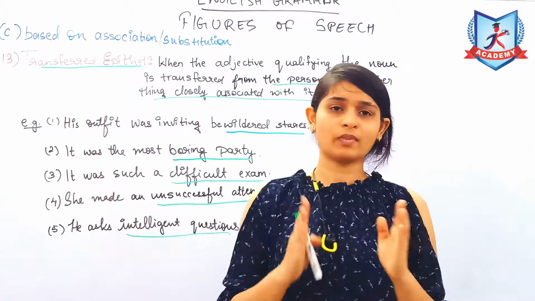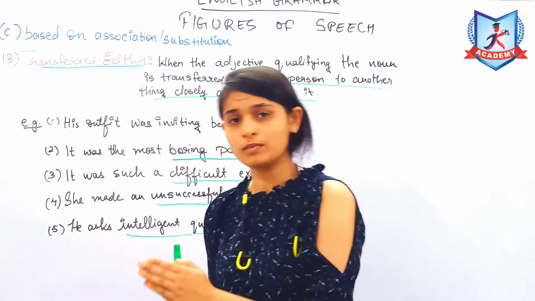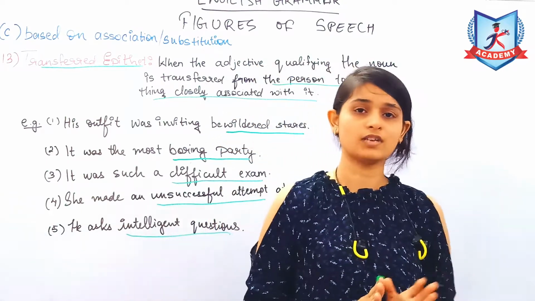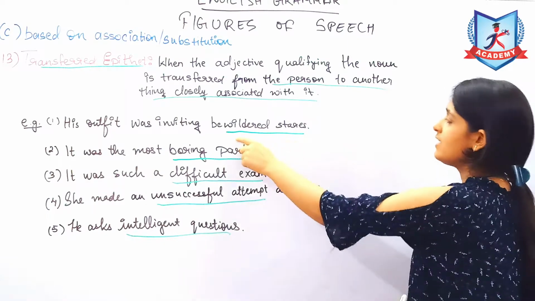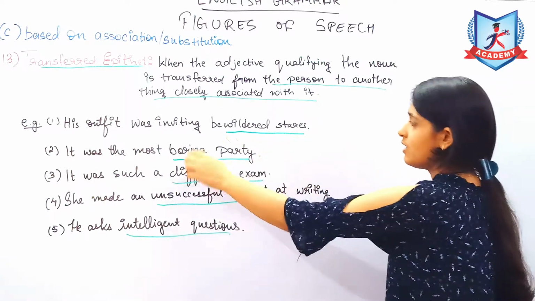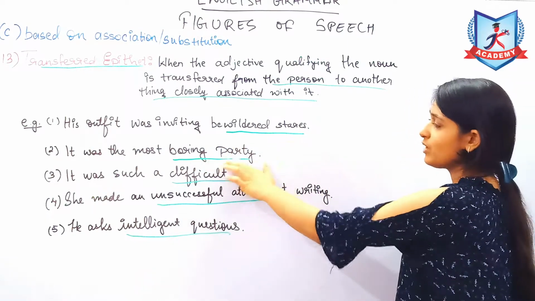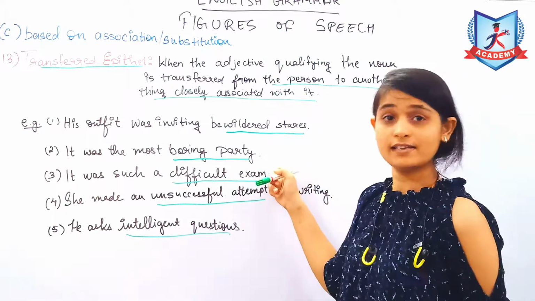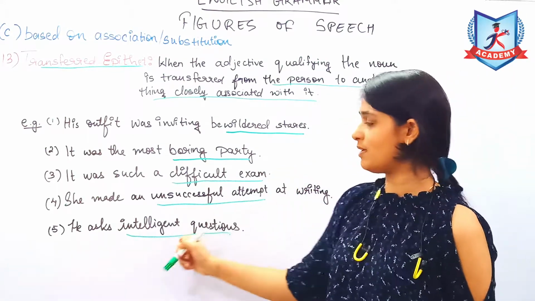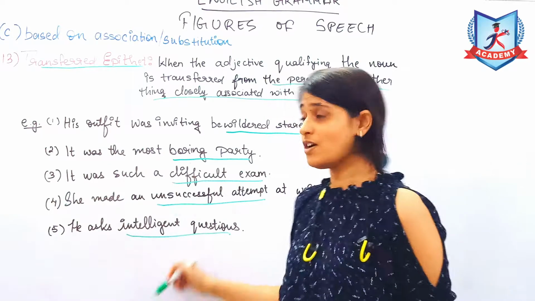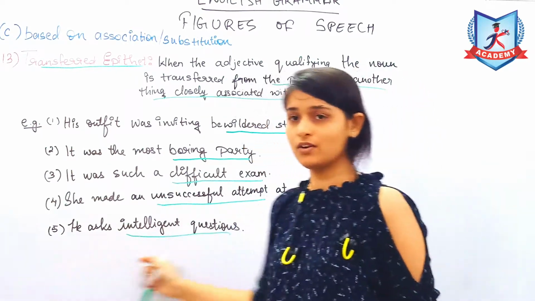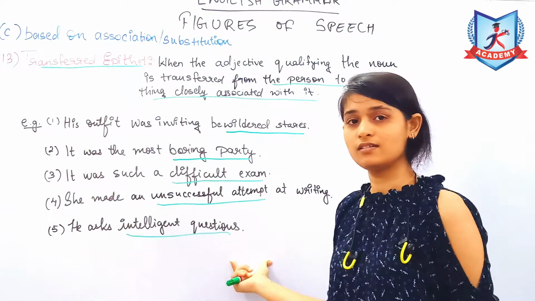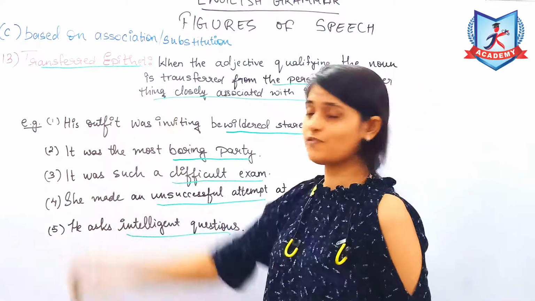Basic thing: you have to look for a pair of adjective plus noun. Bewildered stares, boring party, difficult exam, unsuccessful attempt, intelligent questions. All the adjectives are for the people, not the object. That is transferred epithet.